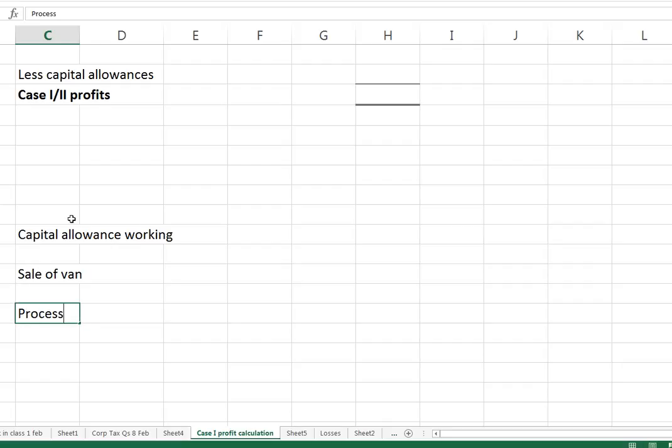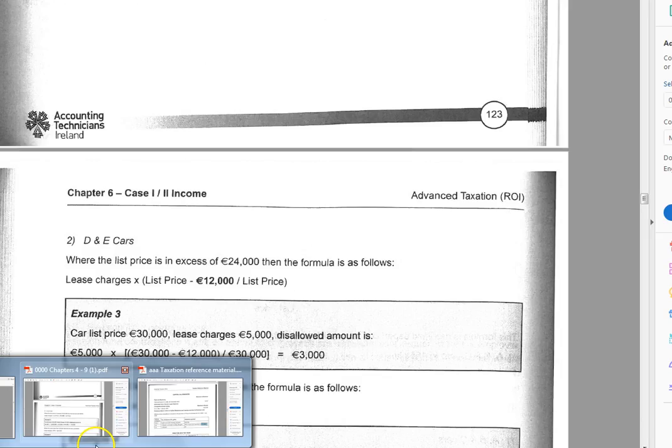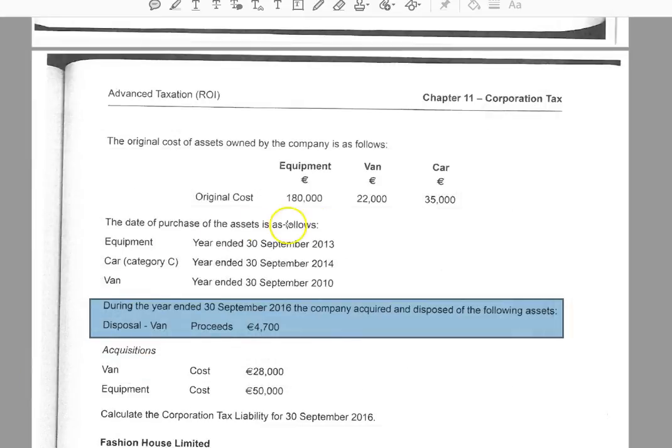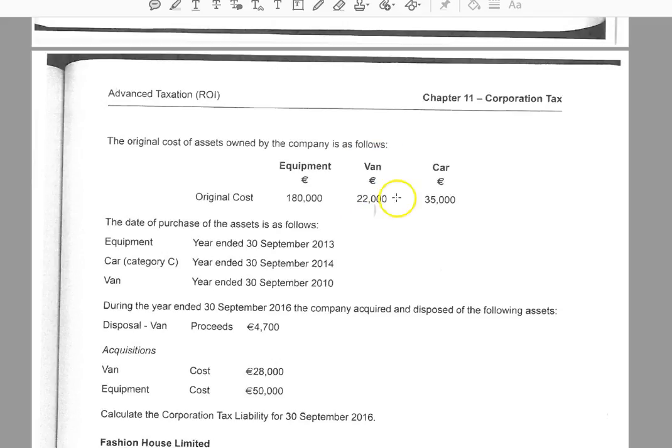Okay, proceeds were 4,700, and then tax written down value. So originally cost 22,000. It was purchased in September 2010 and then sold in 2016, so purchase year end September 2010.